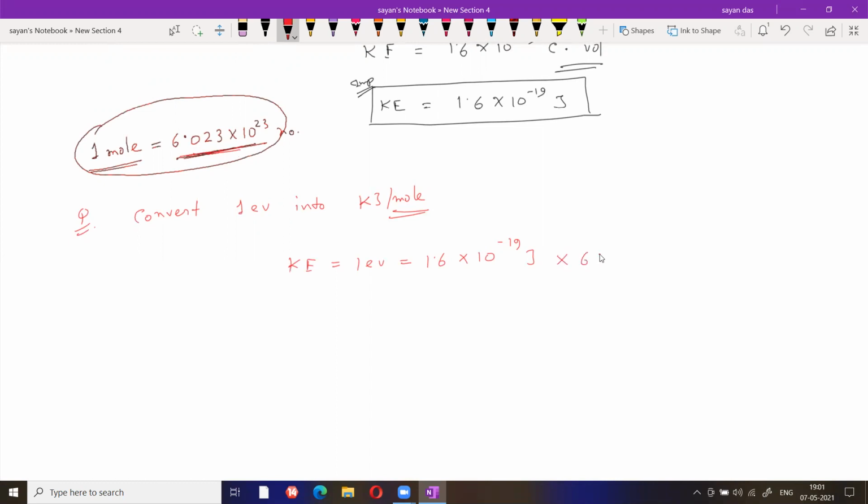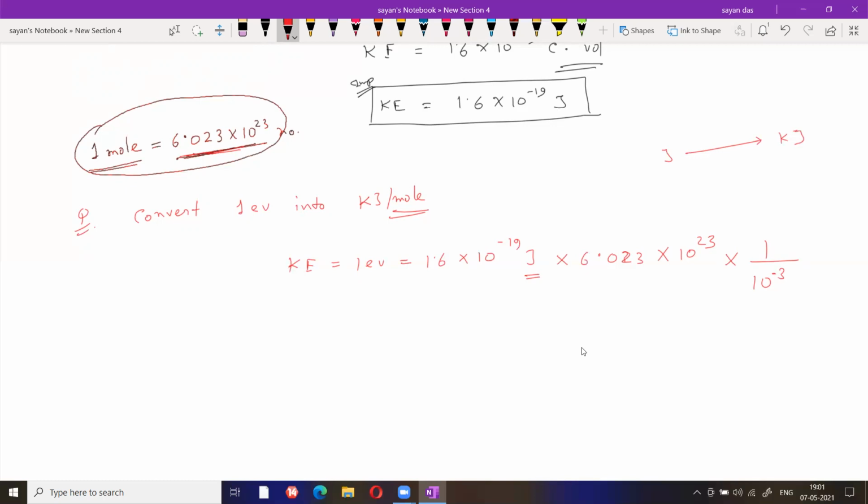Mole means you have to multiply it by 6.023 into 10 to the power 23. Now you have to convert joule to kilojoule. Joule to kilojoule conversion means you have to divide it by 1000, so I can write 10 to the power minus 3. Any doubt regarding this part? This part is clear?